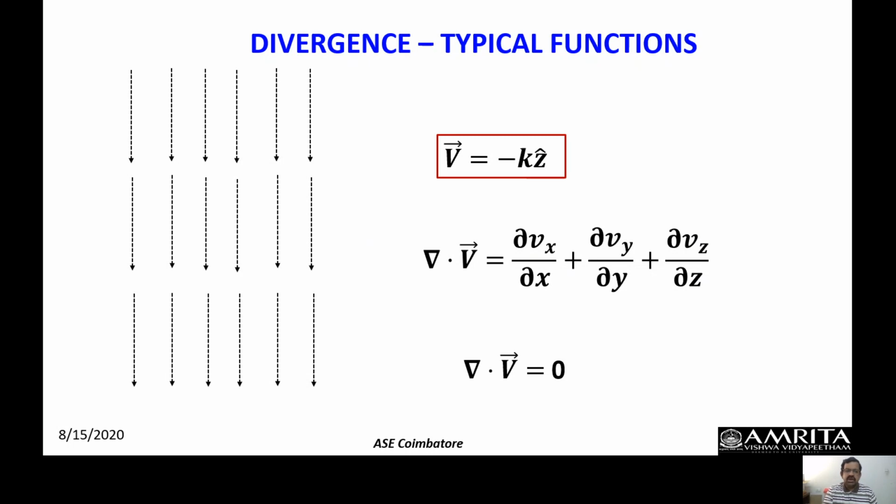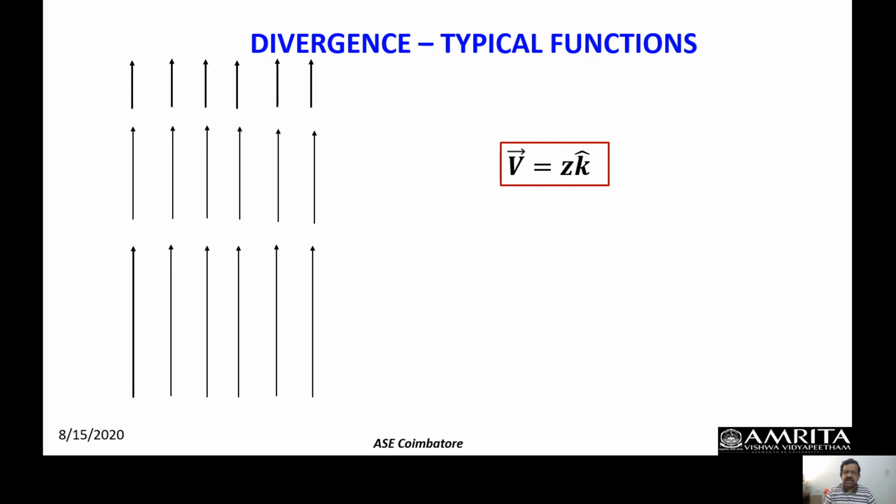So if I give you a vector function and ask you to prove that it is solenoidal, all you need to do is prove that del dot v is equal to 0, and then we have a solenoidal field. Of course, when we talk about Helmholtz theorem, I will relate the divergence and the curl, and I will bring the context. That will be the last section on this unit on mathematical tools. We will come to that after we discuss curl theorem.